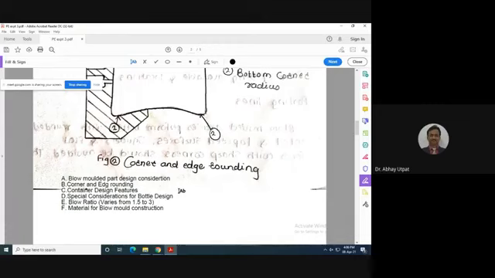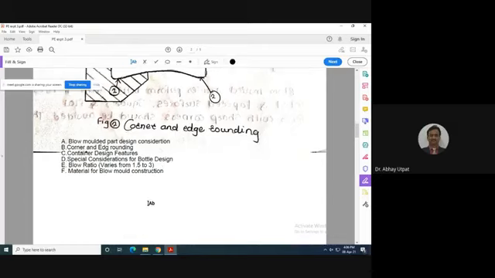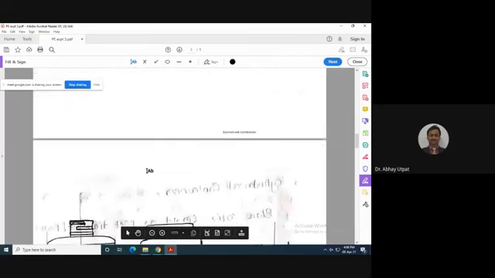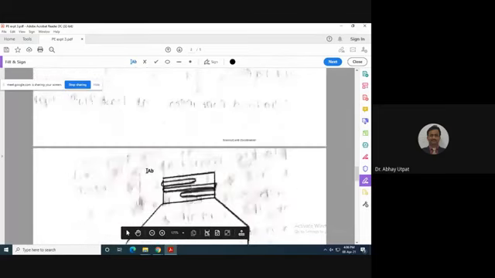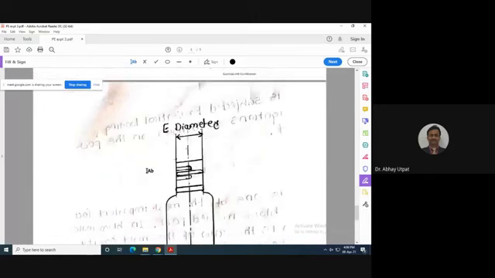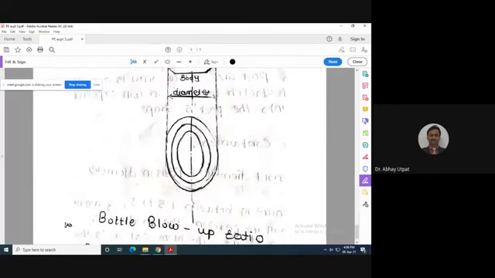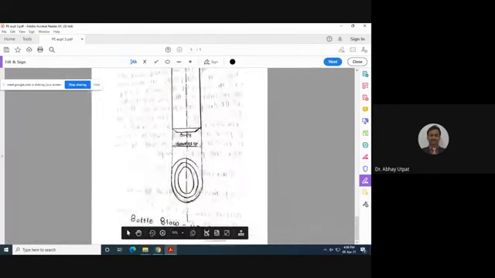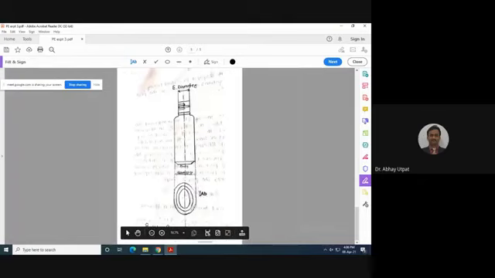Next is a very important aspect, blow ratio. See, it is given. Blow ratio varies between 1.5 and 3. What is blow ratio? See here, this is one bottle.